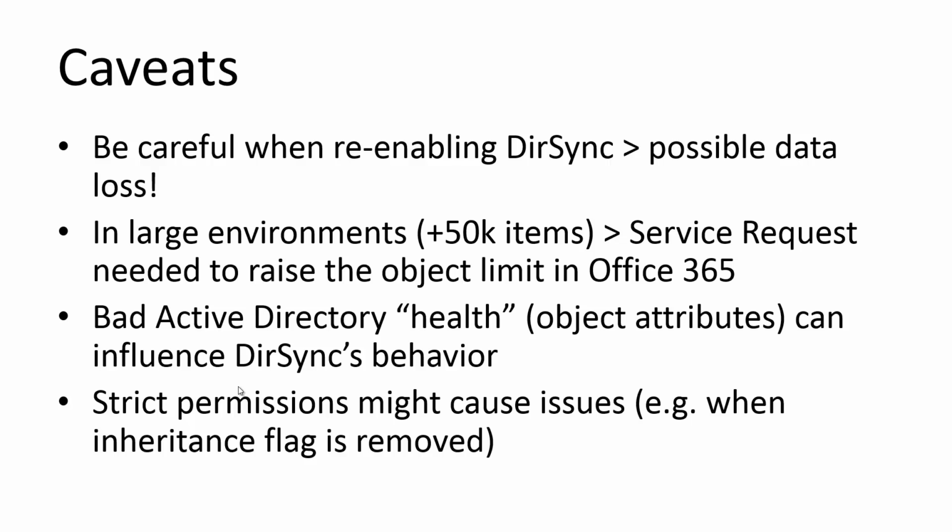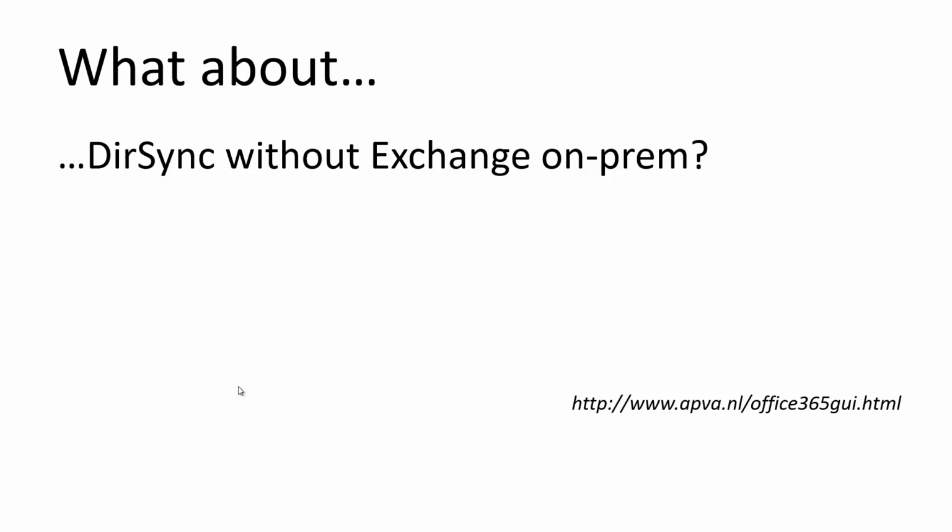And if you have any form of delegation, strict permissions in Active Directory, or inheritance blocking, make sure that you know that up front, because you'll get some unexpected results, and DirSync will throw "can't read this object" errors at you, so that you know where it's coming from.